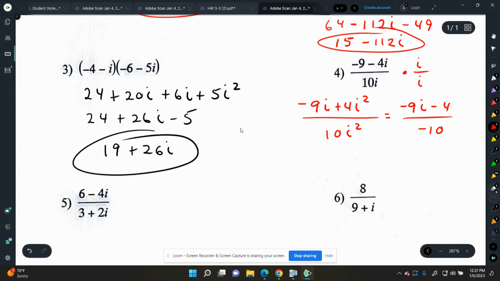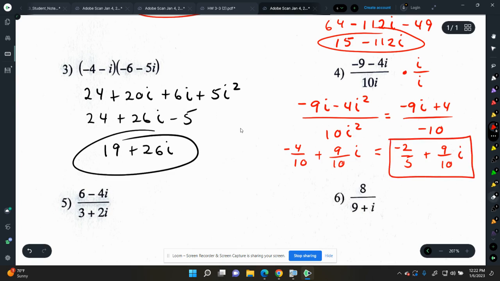I feel like I said minus 4i and I wrote plus, didn't I? Thank you. Minus 4i squared, and that's plus 4. Okay, so that's going to be negative 4 over 10 plus 9 over 10i. So we can reduce that to negative 2 over 5 plus 9 over 10i.